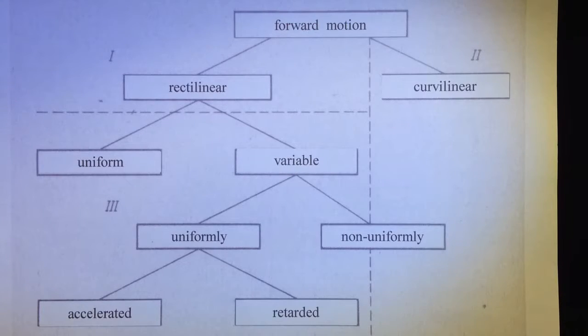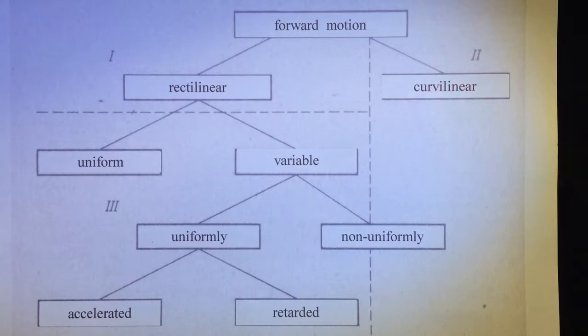If we take into account the trajectory, the forward motion can be divided into rectilinear and curvilinear. Rectilinear, when a body moves in a straight line.